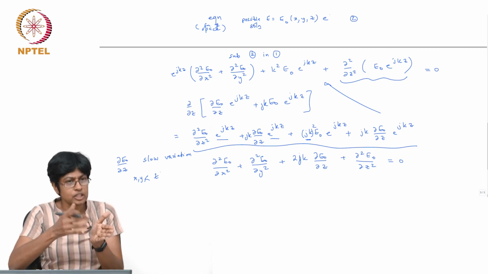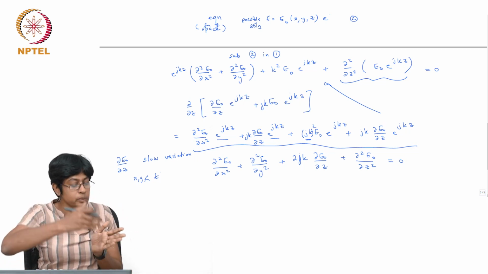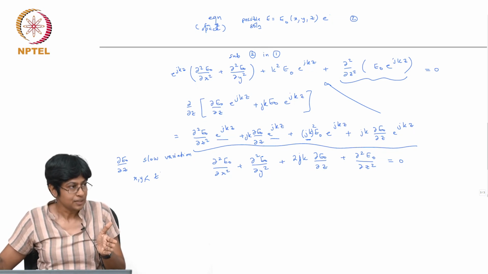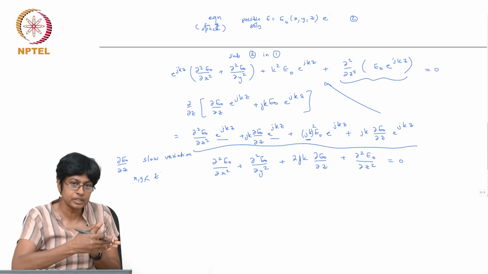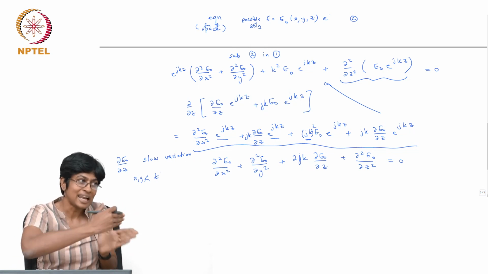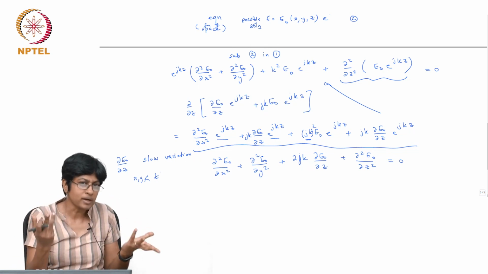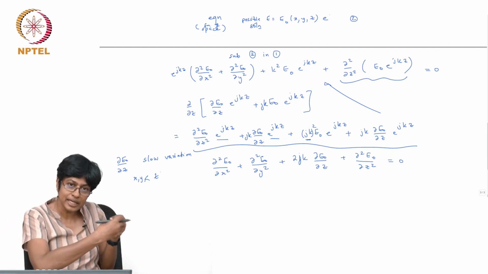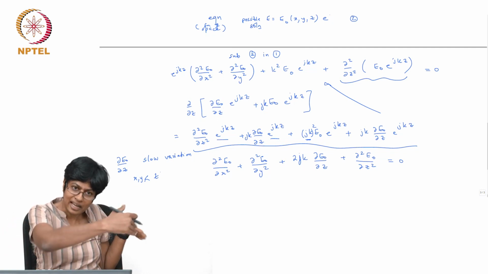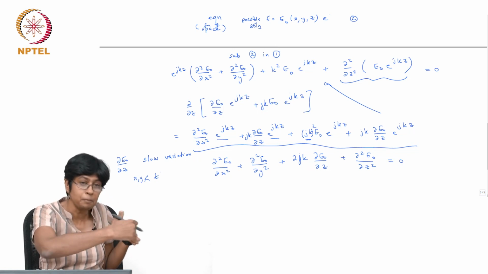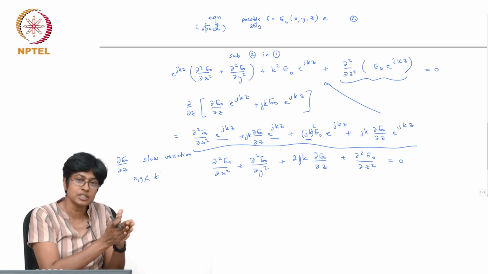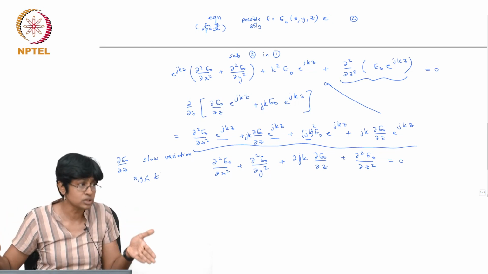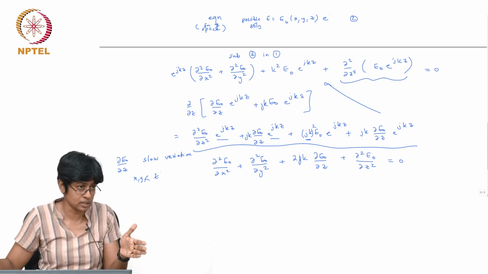So the variation of the amplitude with respect to z is a slower variation than the variation of the amplitude with respect to the lateral. What does that mean? It means as the beam propagates, the changes in the amplitude in the lateral extent are far more dramatic than the changes in the amplitude as it propagates along the z-axis. Yes, of course, there are changes as it propagates along the z-axis.